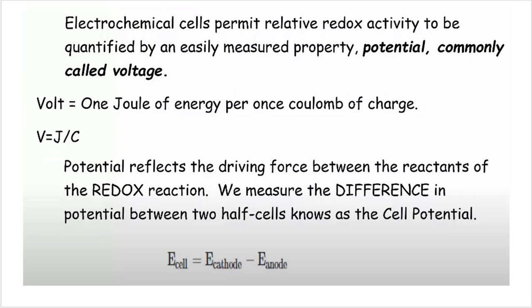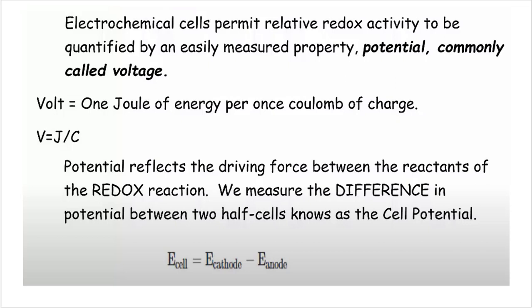So we're moving to quantize, to calculate cell potential. We've done a great big lecture here on how to draw electrolytic cells, voltaic cells, galvanic cells, and kind of get an idea of what it means to see those half reactions.